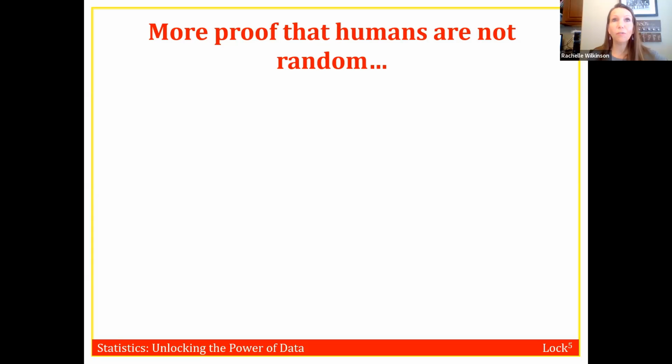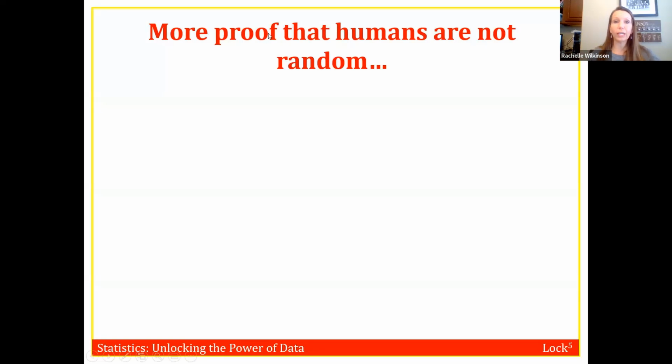And if this was truly a random process, then there should be about the same number of people choosing 0, same number of people choosing 7, same number choosing 6, like all the numbers should be equally likely, kind of like rolling a 10-sided die. If you were to roll a 10-sided die, you would be equally likely to land on any of the numbers.